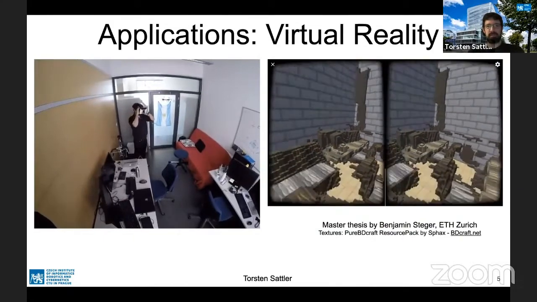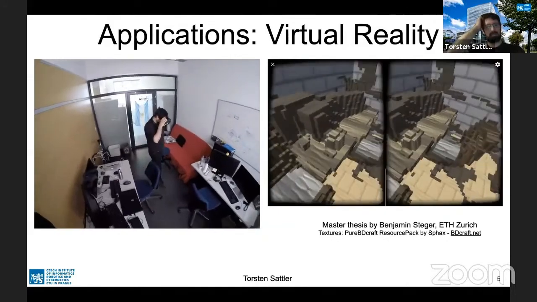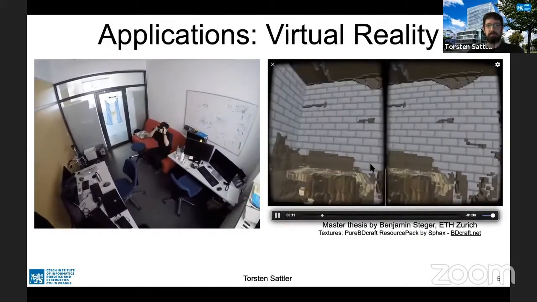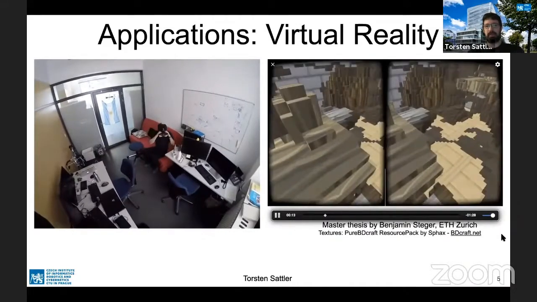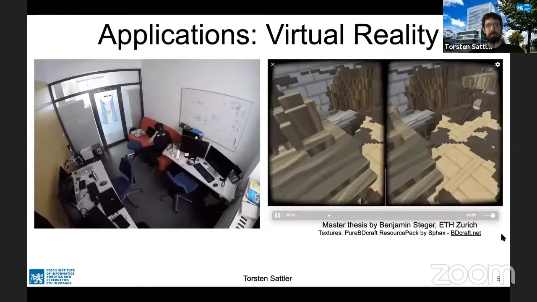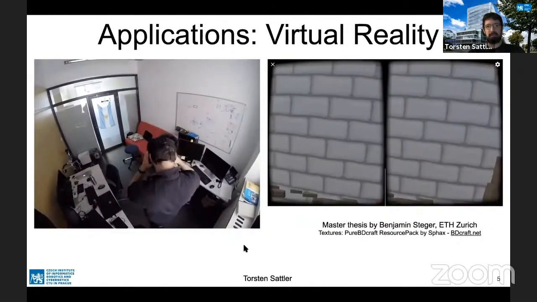The last application is virtual reality. This is the result of a master's thesis that I co-supervised at ETH, where the student built this virtual map, which is essentially a Minecraft-like world of the real world. Because of this virtual map, we can physically traverse the space, which is nice.